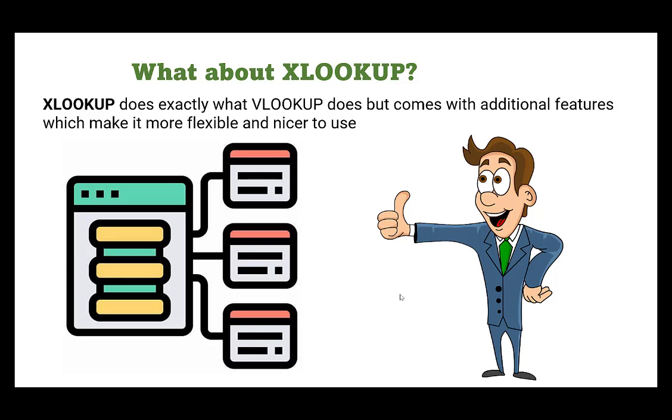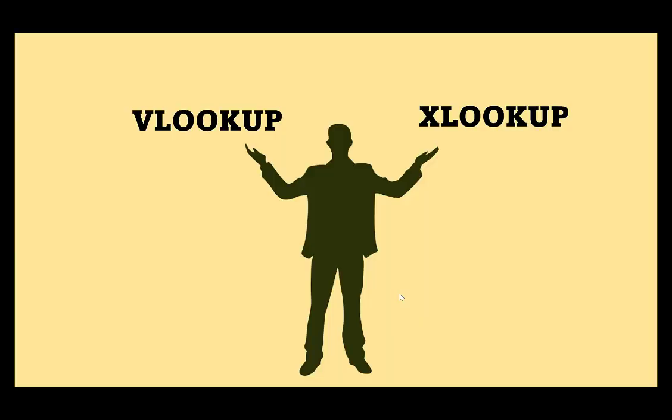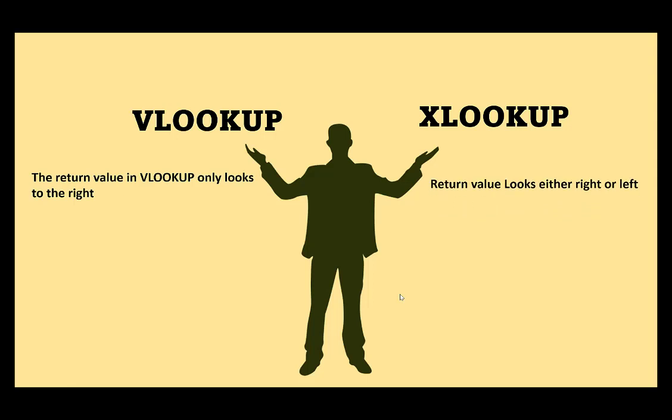XLOOKUP does exactly what VLOOKUP does, but it comes with additional features which make it more flexible and nicer to use. Let's now look at the difference between these two. The return value in VLOOKUP only looks to the right, while the return value in XLOOKUP looks either right or left.